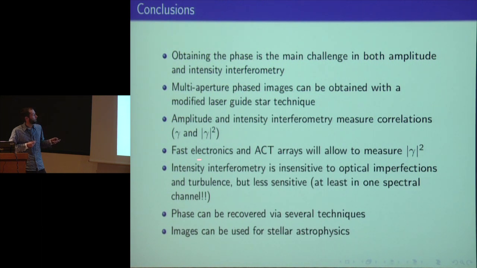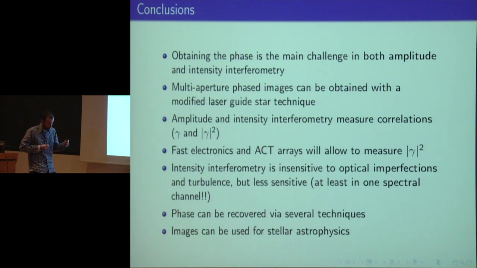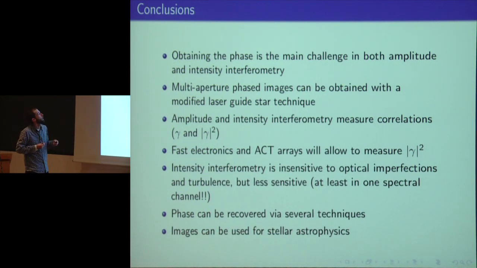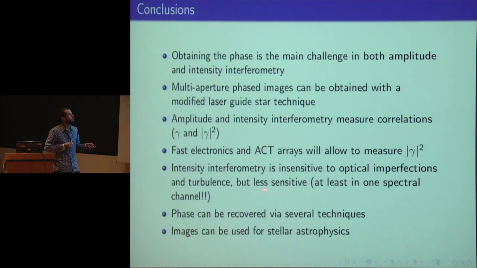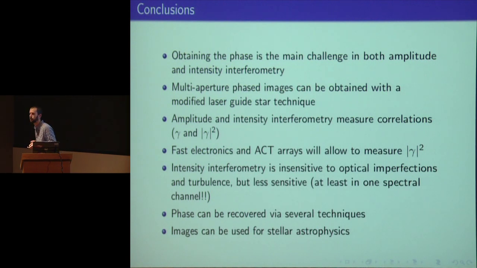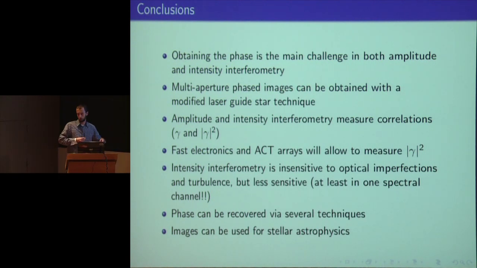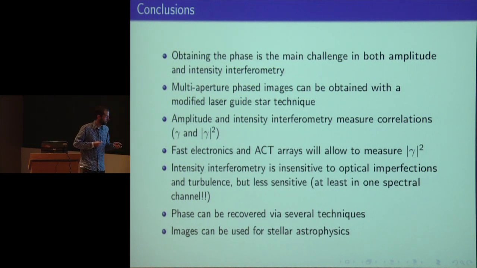Current fast electronics, as fast as a few hundred megahertz or even a gigahertz, will allow us to measure the squared modulus of the complex degree of coherence. Intensity interferometry is insensitive to optical imperfections. This is key. But it is less sensitive, at least if you exploit only one spectral channel. Now, sensitivity can be increased if you simultaneously observe several of these. The sensitivity increases as the square root of the number of channels.